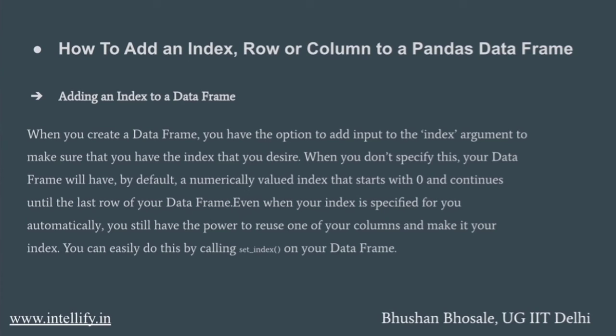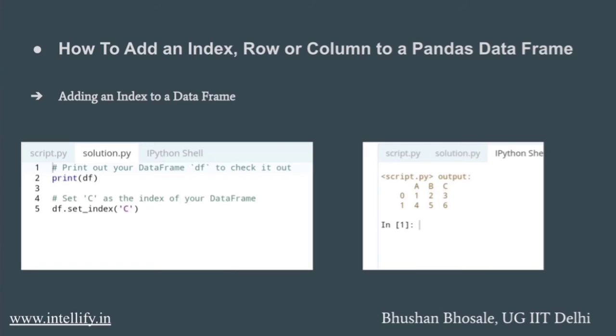The code is given in the next slide with its solution. Right, set_index is the function that we are going to use in adding an index to our data frame. And you can see the output of the code that is printed to the left.